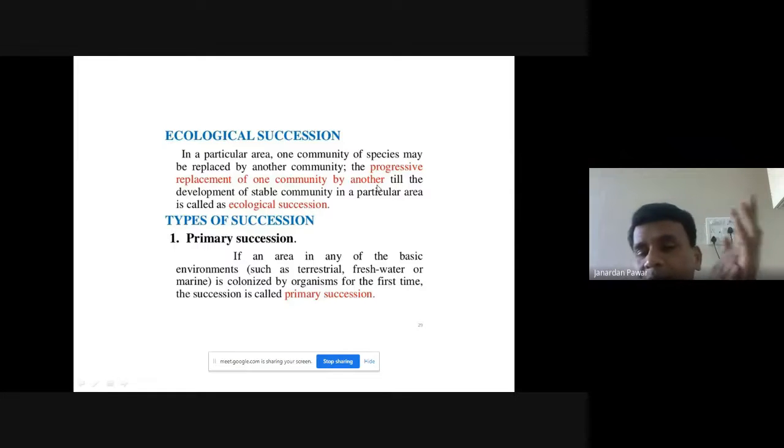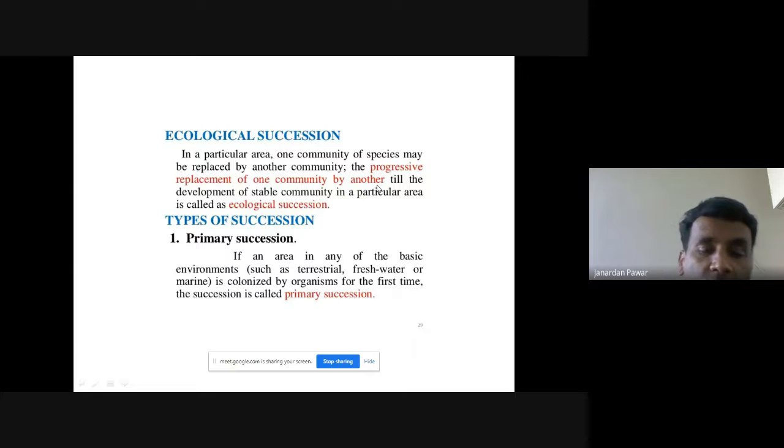Look at the paragraph which is given here. If an area in any of the basic environments, such as terrestrial, freshwater, or marine, meaning the water that we can see in the ocean or sea, is colonized by organisms for the first time, the succession is called primary succession.